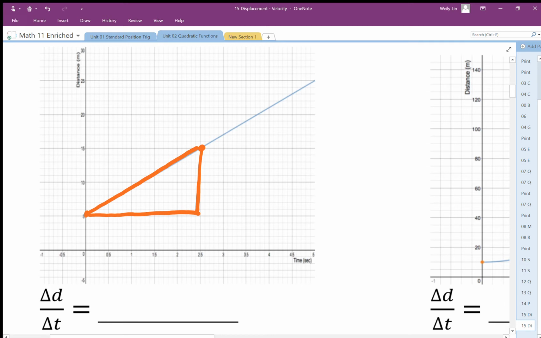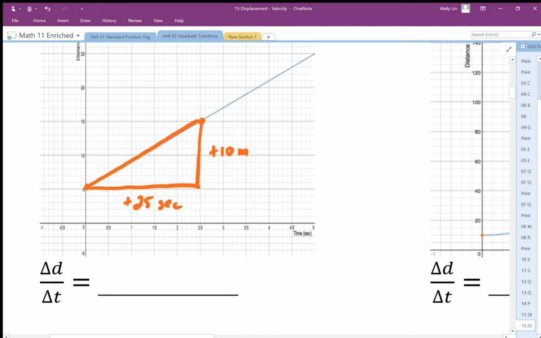When I look at the slope of this graph, I know this is a rise of plus 10 meters over 25 seconds. So the rate of change, or the slope of this graph, is going to be 10 meters for 25 seconds, which simplifies to 0.4 meters per second.